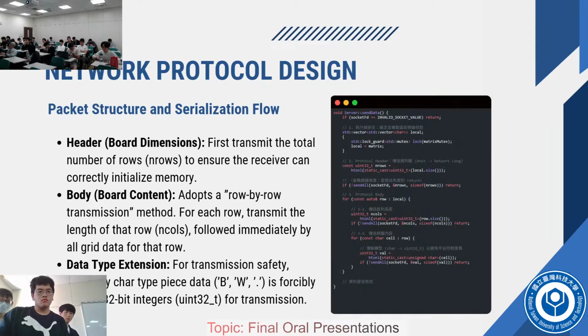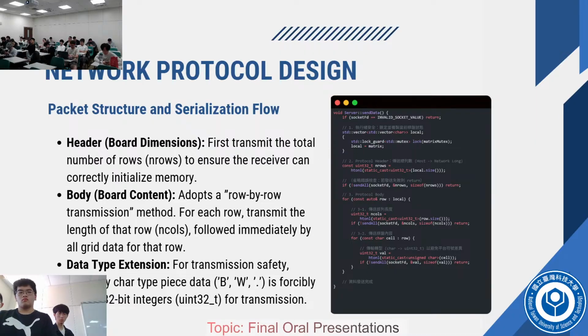Next slide. This is our overview of sending the data. We send the board row by row, and every cell can have three statuses: black, white, and dot.